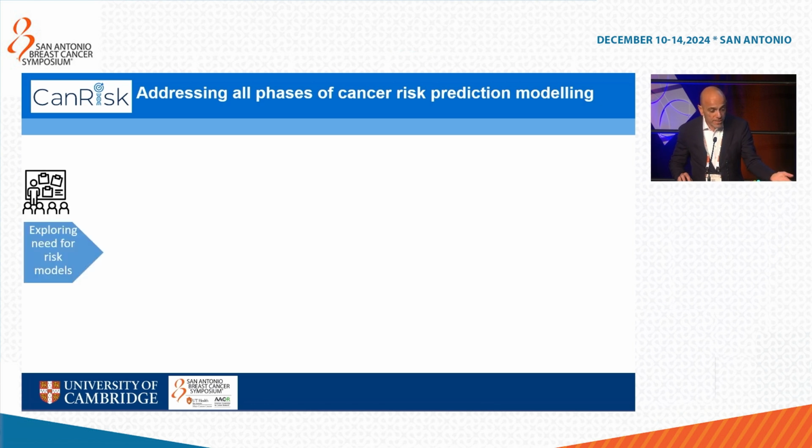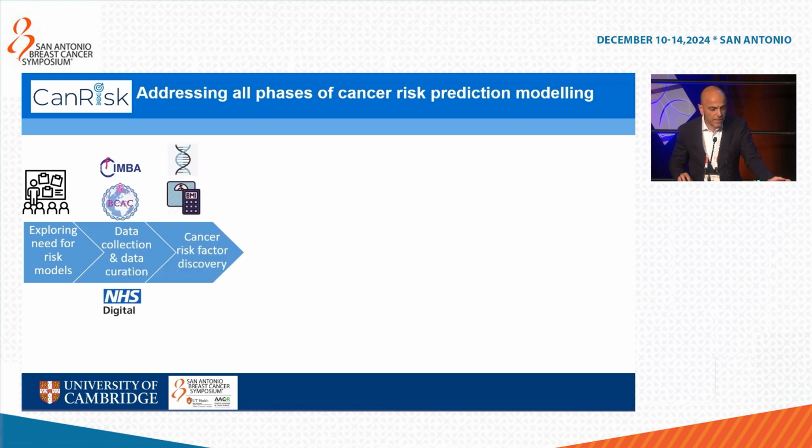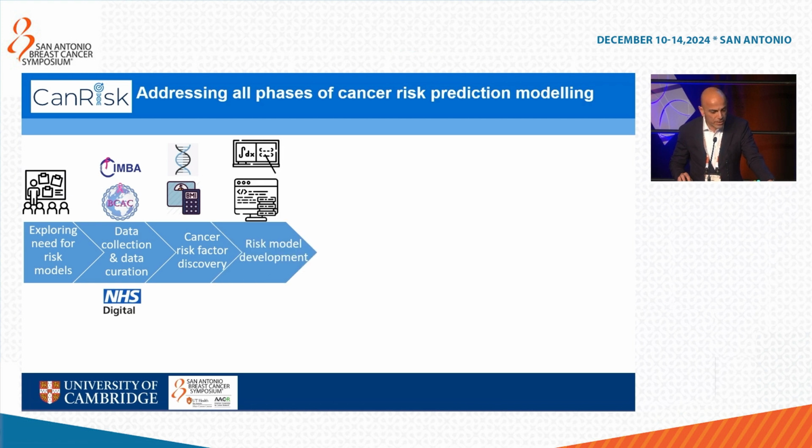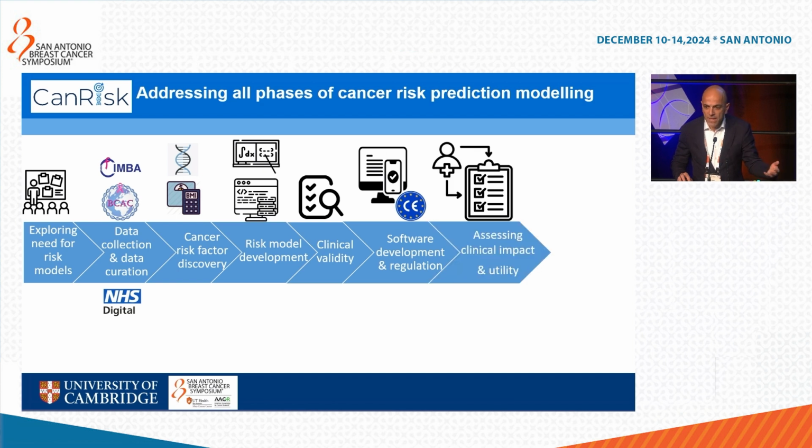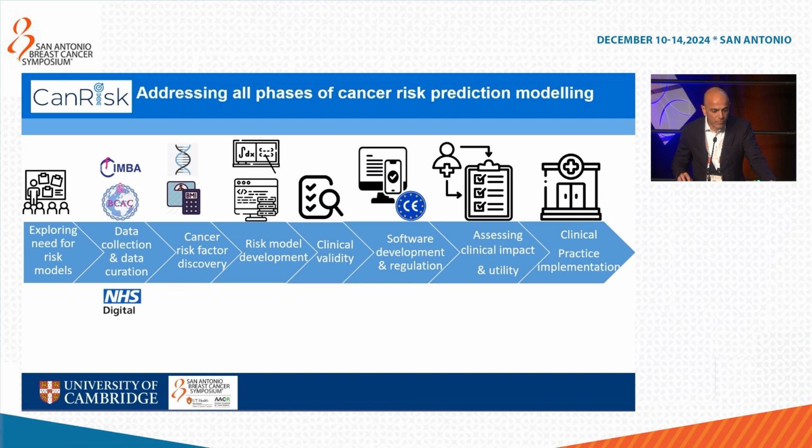So the process usually starts with exploring the need for the risk model, collating the necessary data to identify and characterize the different risk factors, synthesize these into multifactorial risk prediction models, then assessing those in prospective studies for clinical validity, developing the user-friendly software that clinicians can use in routine clinical practice and addressing requirements as far as regulations are concerned, and then assessing their clinical utility and doing studies to operationalize this in routine clinical practice.